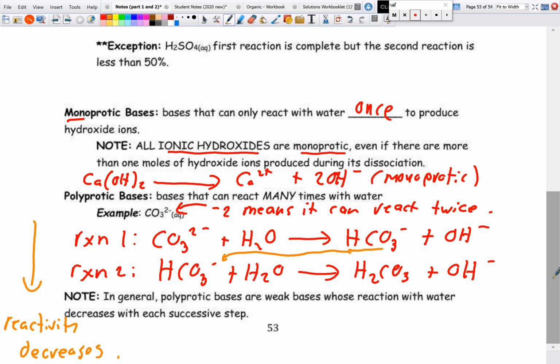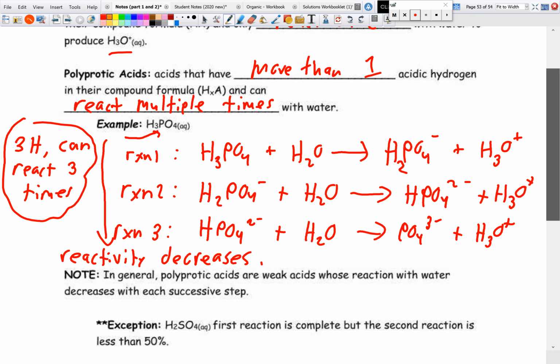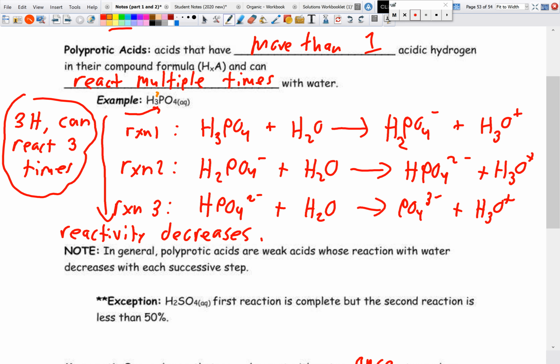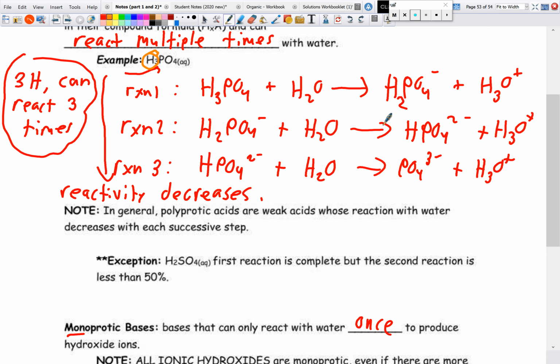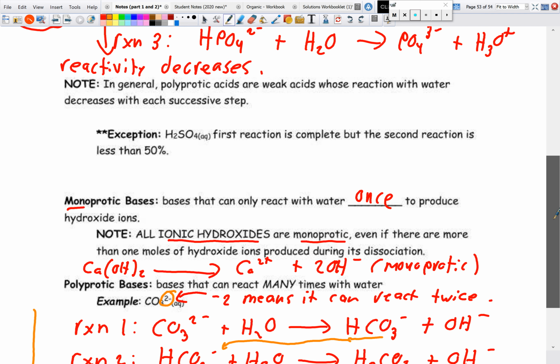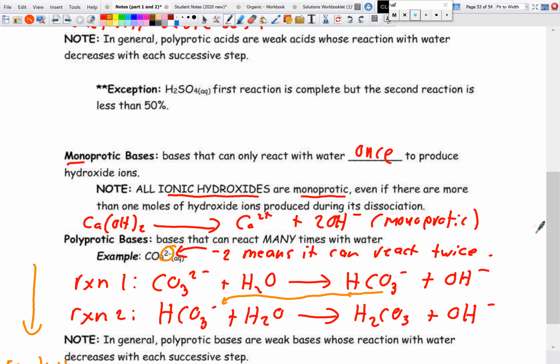And that is how we can tell, basically, for our polyprotic acids, we look at how many acidic hydrogens there are. For our bases, we look at the charge. And then as soon as you know how many times it can react, these are the steps for our successive reactions going down through. So we write the first reaction only transferring 1 proton at a time, because that's how these reactions go through. It's just a transfer of 1 proton, and that is it.